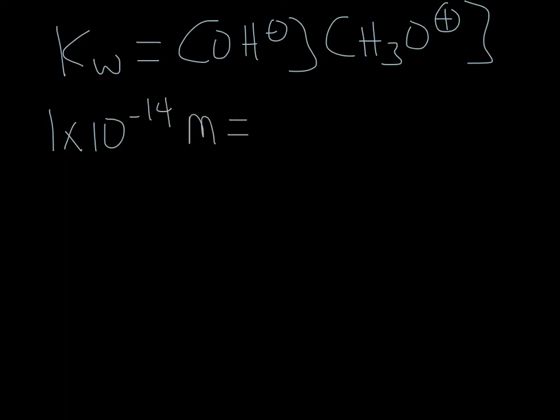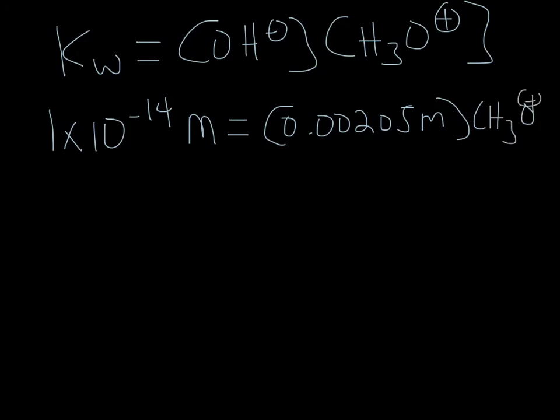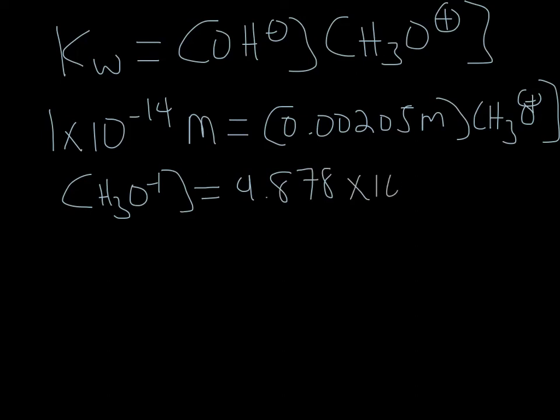In this case, I know the concentration of my hydroxide ion, and so my only unknown is my H3O plus. So I can solve for the concentration of my H3O plus, which is equal to 4.878 times 10 to the negative 12 molar.